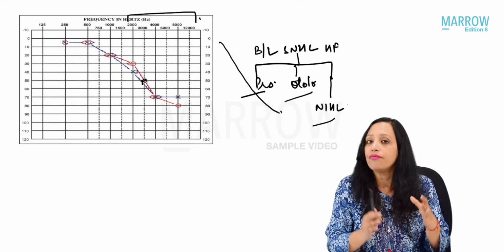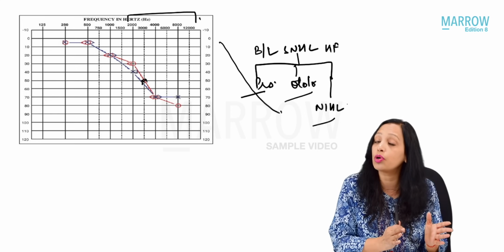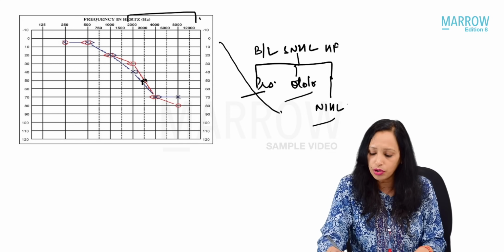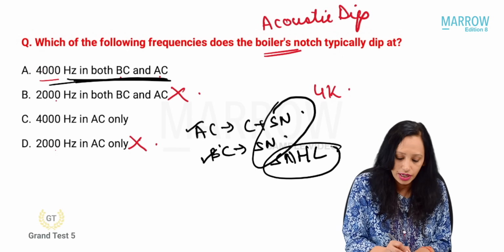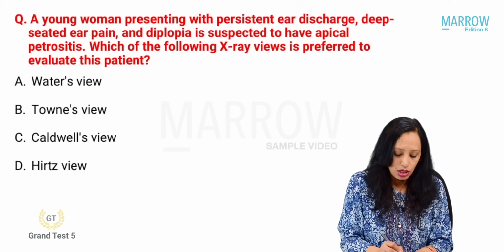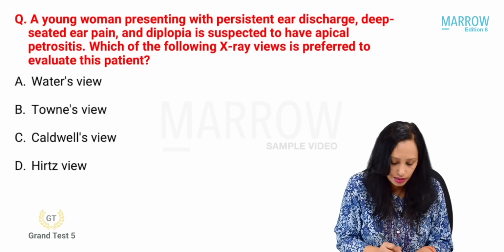Whenever the sensorineural pathway is affected, it is the common pathway for both air conduction and bone conduction. So both will be affected. Is that clear? So yes, the answer is A. So this is from GT5. The previous was also from GT5, I think. Yes, GT5.